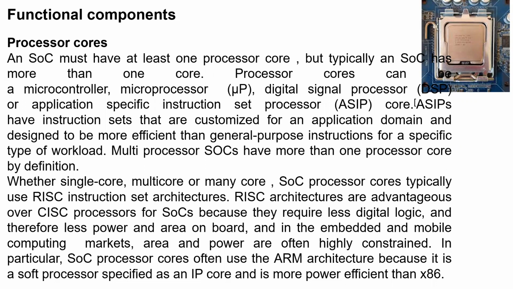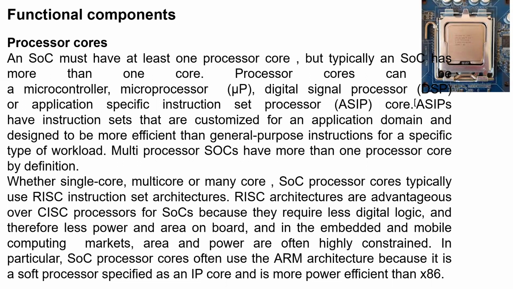The advantage is that RISC architecture requires less circuitry, and therefore less power is consumed by the processors present on the board. This is very important for embedded applications and mobile computing applications, where power requirements are very strict. So RISC architecture is followed for system on chip.